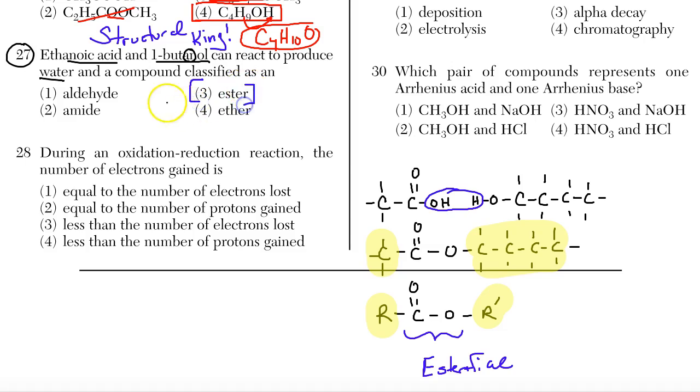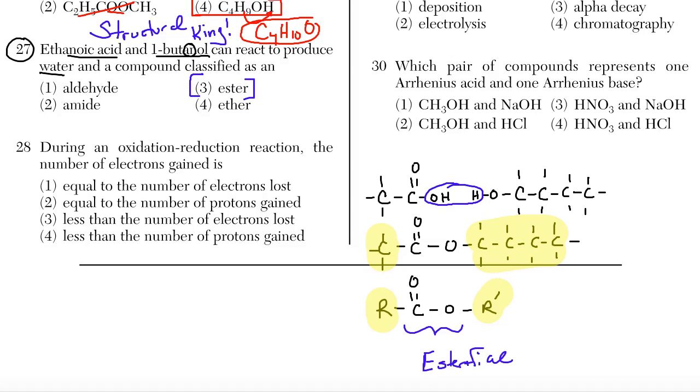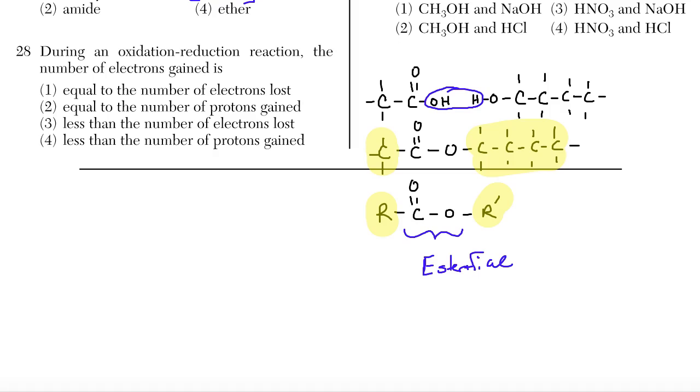Now you should be able to actually, they could have asked you in part 2 to name this. Okay, so let's go over the naming portion of this. When you name an ester, Table R shows an example, but to name the ester, you must name the alcohol portion first. So this is but-, and you add the YL, butyl, and the acid part gets an OATE ending.